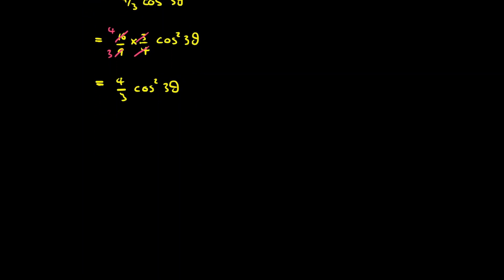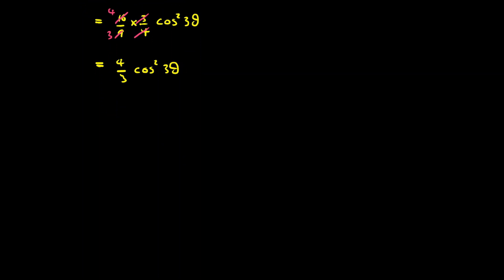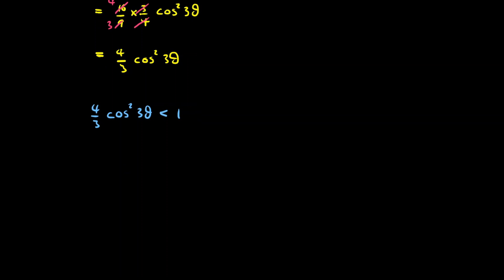So the thing we're really trying to solve now is where 4/3 cos^2 3θ is less than 1. Okay, and I suppose the range of values we're going to have is between 0 and +1, but it's really being less than +1 that is interesting for us.